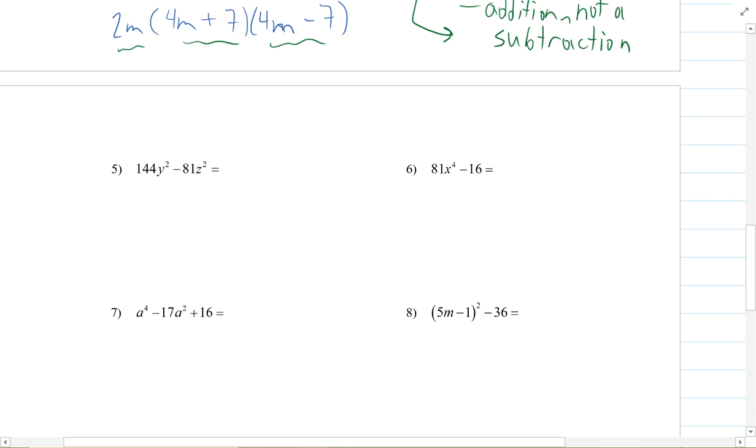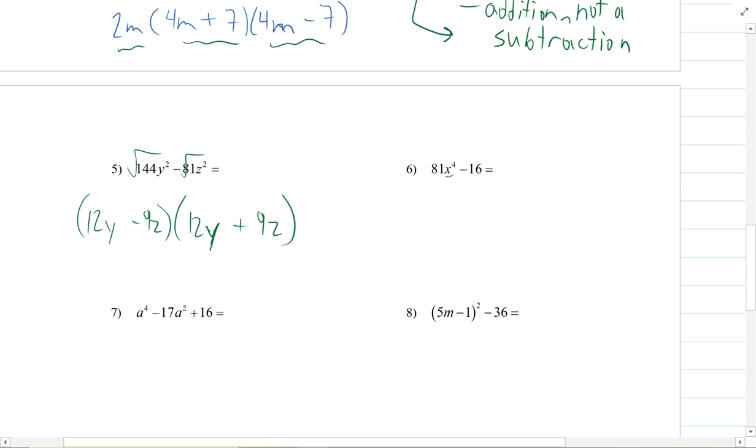Okay, here's some harder ones. If you're an expert, go for it. If you're ready to do your homework, do your homework. Here, I'm going to square root, and so I'm going to get 12y minus 9z, 12y plus 9z. So you got a letter in the front and the back now because of the z part. No big deal.